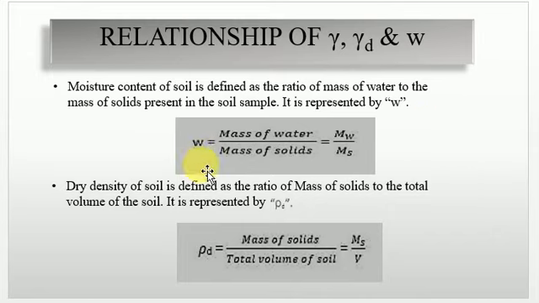So the moisture content is the mass of water over the mass of solids, w equals Mw over Ms. The dry density of soil is defined as the ratio of the mass of solids to the total volume of the soil. It is represented by gamma d or rho d. Here I denoted it by rho d. So it is Ms over V, the mass of solids over the total volume.